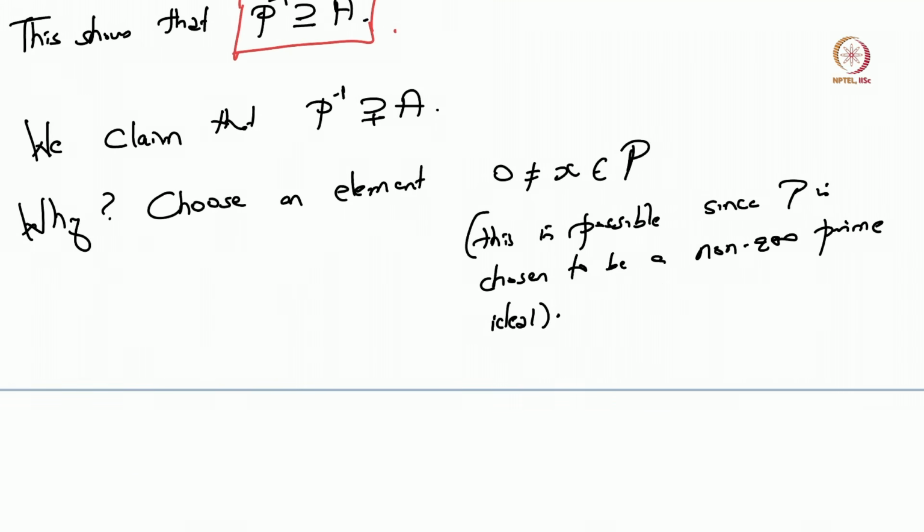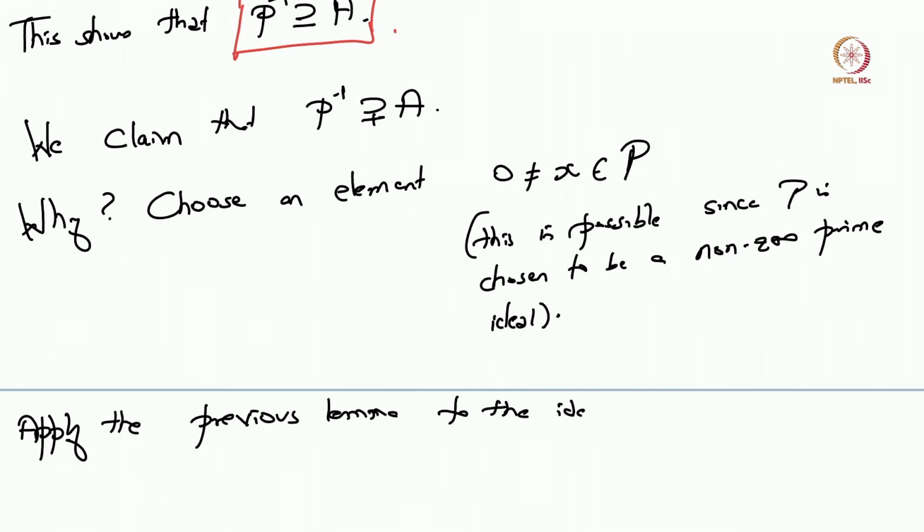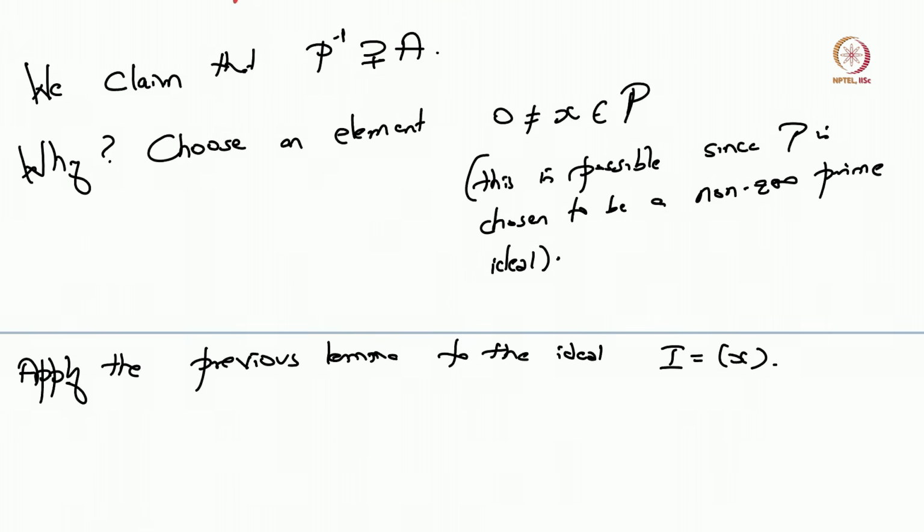And again, apply the previous lemma to the ideal generated by x. So the ideal generated by x contains a product of prime ideals.